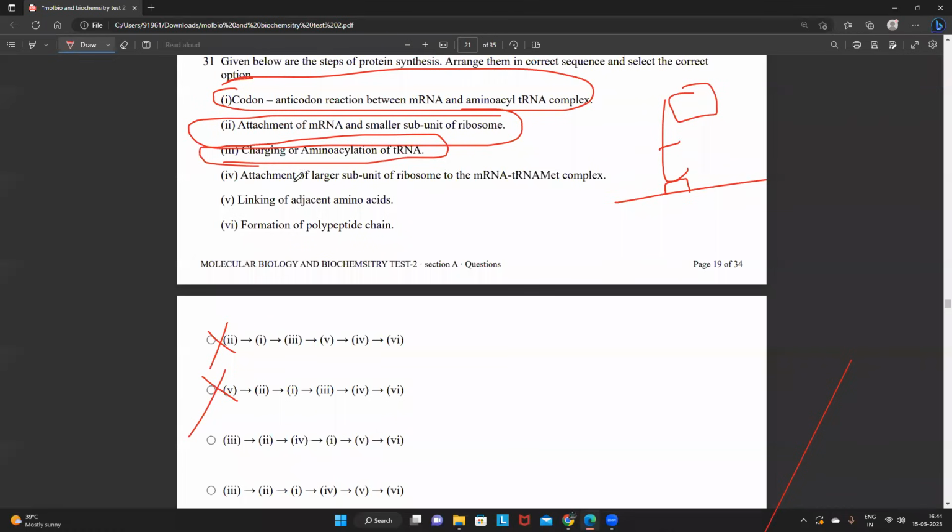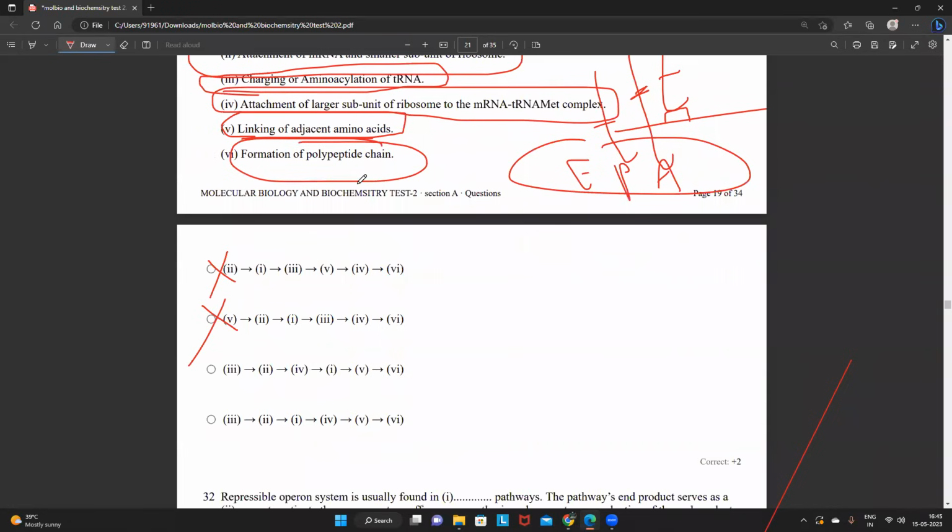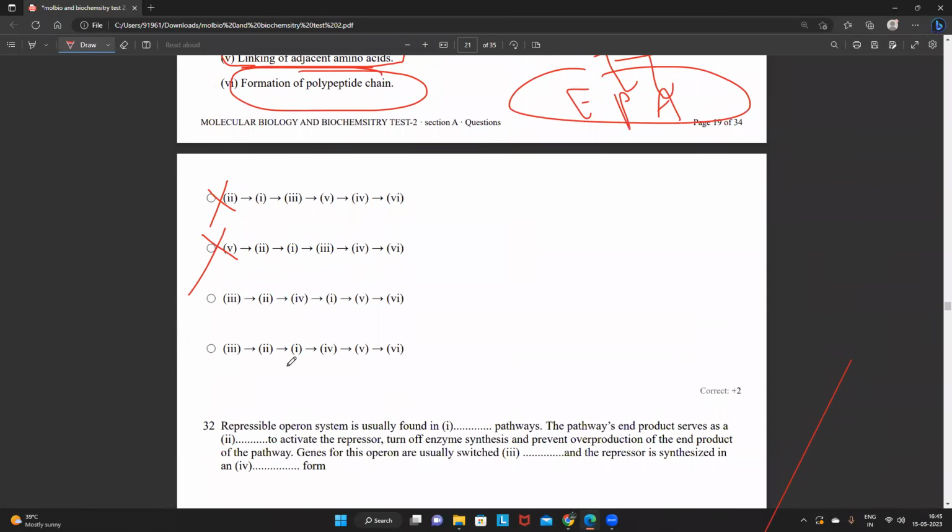Later what happened, friends? Attachment of larger subunit. That is only we can call the complete initiation complex. Then obviously formation, then the tRNA. So now which sites got filled? E site, P site, A site. Only the P site got filled. Another tRNA comes to the A site. So linking of adjacent amino acid. Finally, friends, formation of the peptide bond. So this will be the correct one.